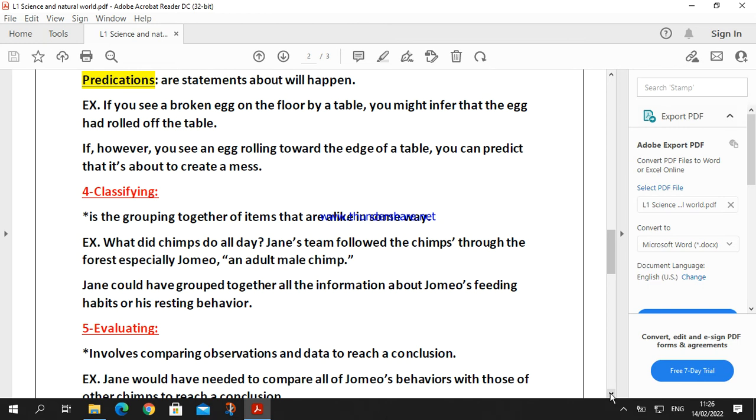Jane could have grouped together all information about Jomyu's feeding habits or his resting behavior. So, Jane can classify the information about Jomyu into two classes: Jomyu's feeding and Jomyu's resting behavior.